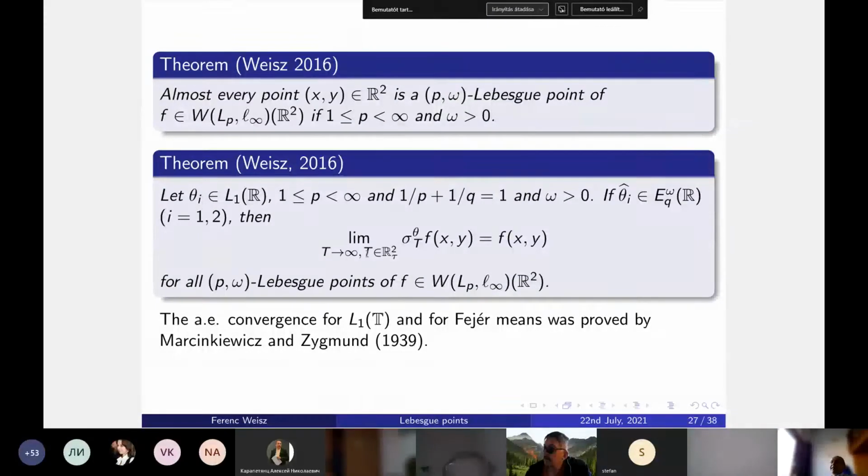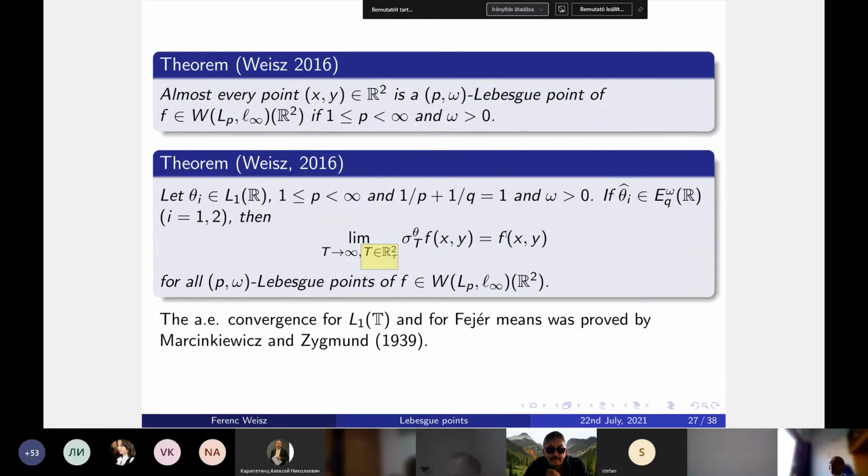Here you can see that T goes to infinity, but T is in the cone. The first result in this direction was proved by Marcinkiewicz and Zygmund. They proved the almost everywhere convergence of the Fejér means of Fourier transforms. So without Hardy spaces, without Lebesgue points, only that the two-dimensional Fejér means converge almost everywhere to the original function f.